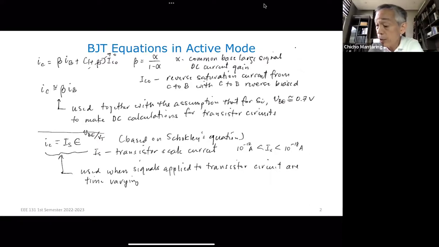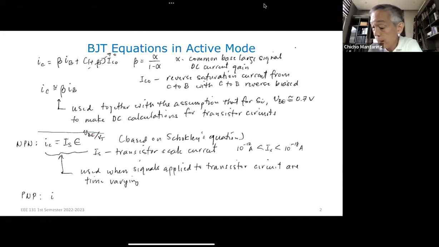Now note that this equation is for your NPN. For a PNP, all that will happen is your subscripts will be reversed.